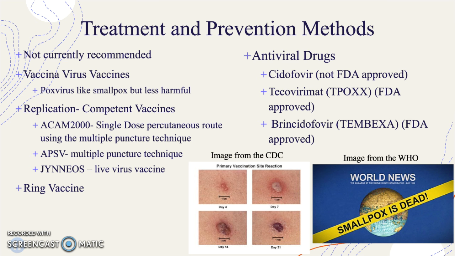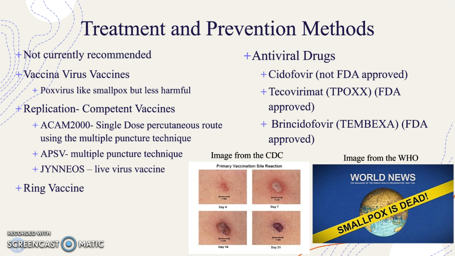But again, if you look at the primary vaccination sites on those pictures, it's like a 2-prong poke that they poke individuals with. They would get it from someone who had smallpox, a little bit of it, poke it into the person's arm, and then they would become immune. And again, they're keeping those samples on hand in case we were to have a bioterrorist threat of smallpox.